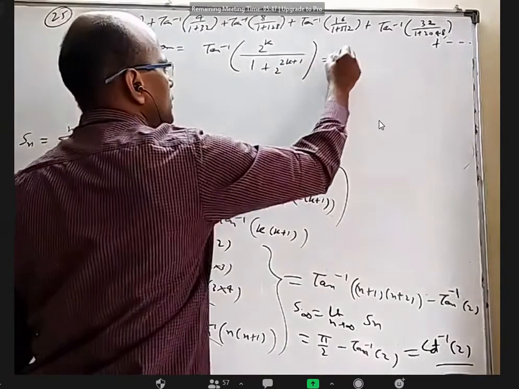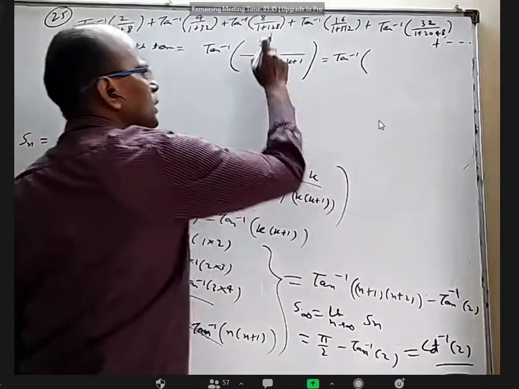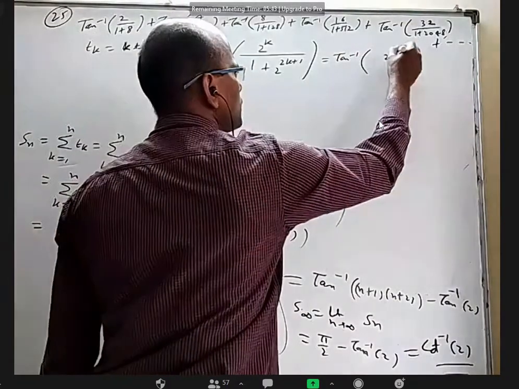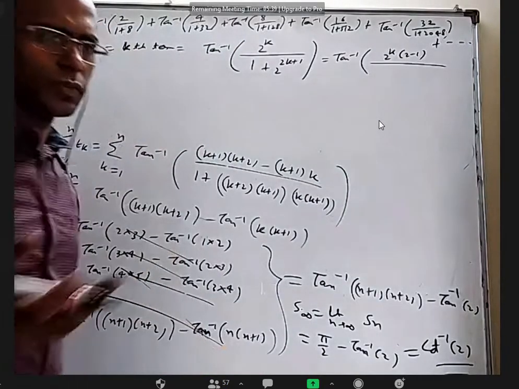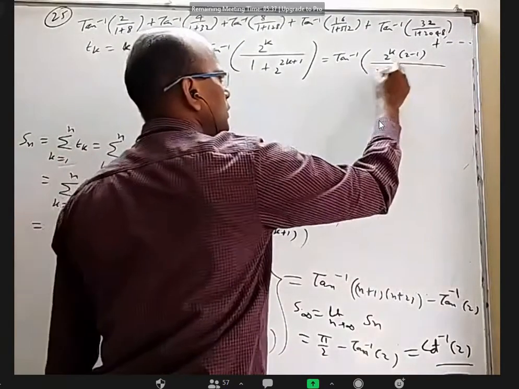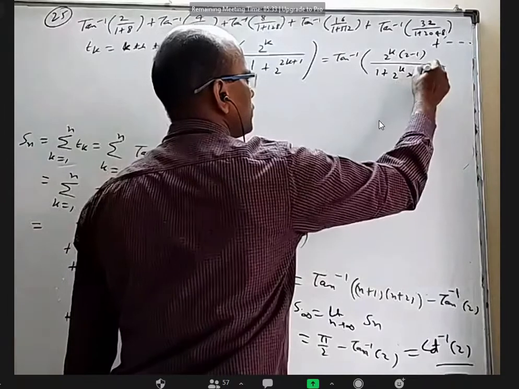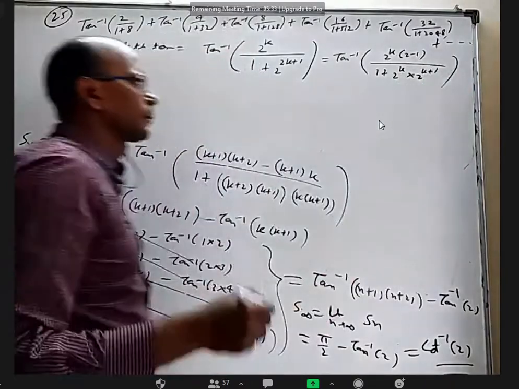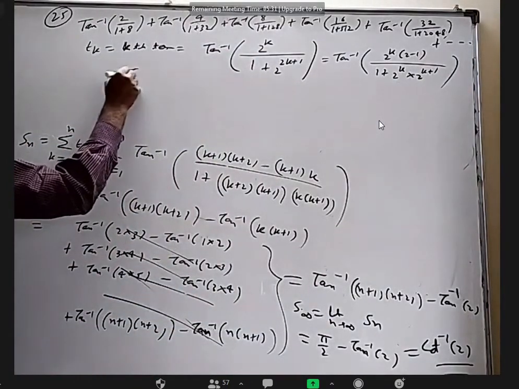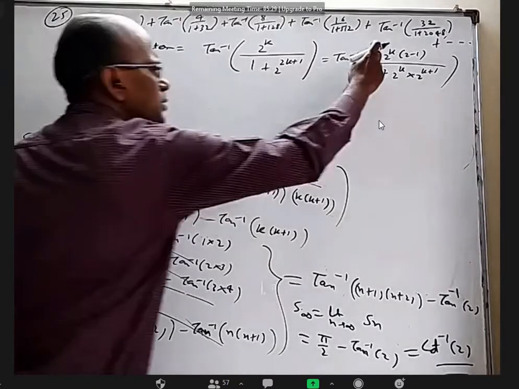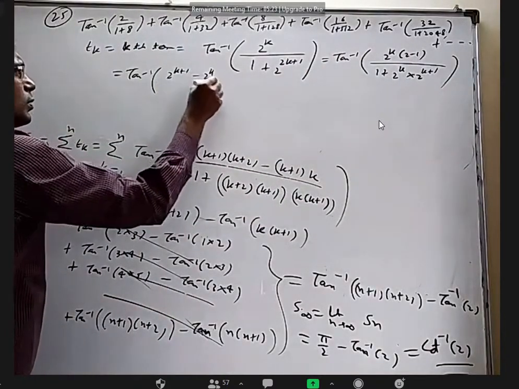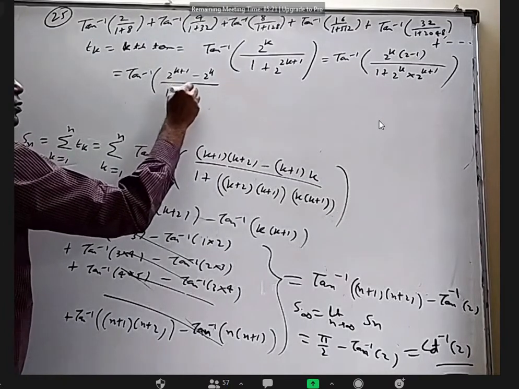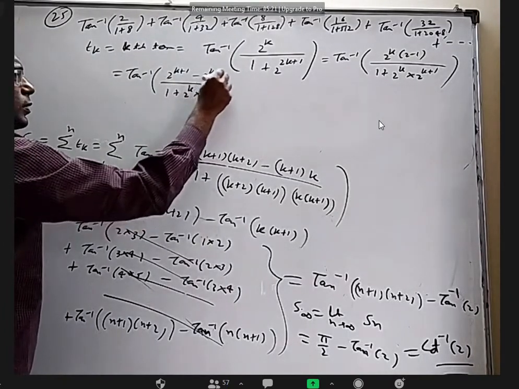Now, how to write it is tan inverse. This 2 power k minus 1, 2 power k, I'll multiply through 2 minus 1. It's after all 1 only, not an issue. This I can write 2 power k into 2 power k plus 1, which is tan inverse. This into this is 2 power k plus 1. This is 2 power k by 1 plus 2 power k into 2 power k plus 1.